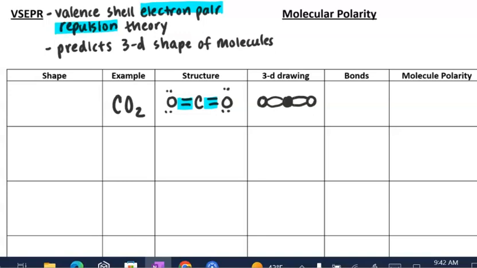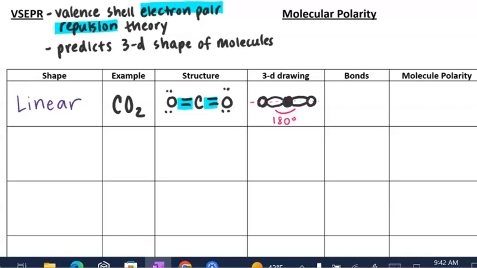Now, what we look at for the actual shape is this right here. Okay, this right here is 180 degrees. So, what is that? Well, you're going to notice that all of those atoms are in a straight line. And so the name for that first shape is linear.